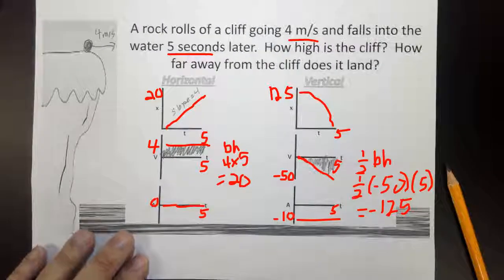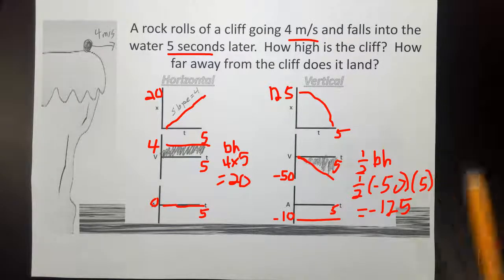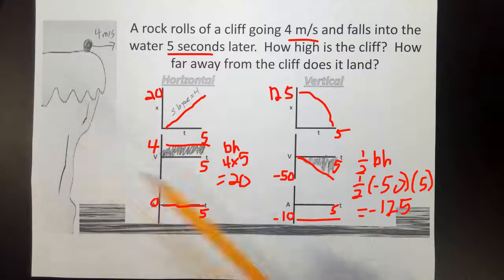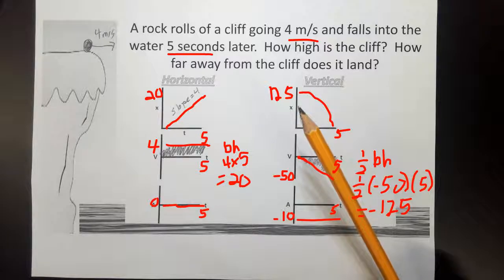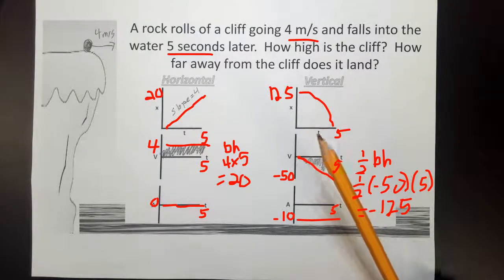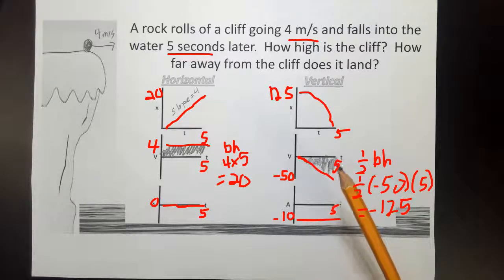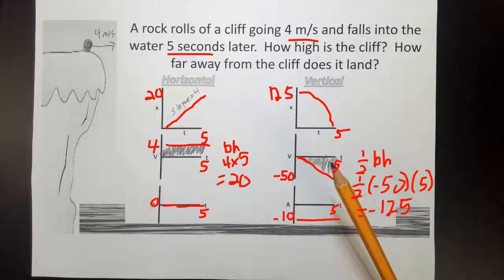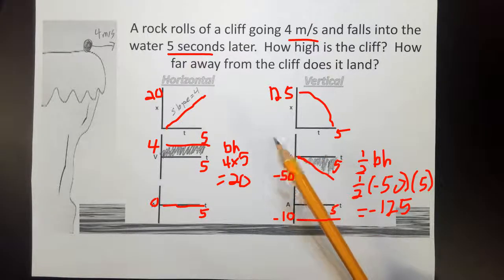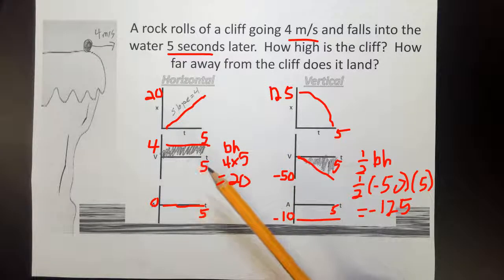Okay, now let's talk a little bit, before I end the video, about what would happen if this cliff was shorter, right? If this cliff was shorter, then this graph would start down here, but it would not be in the air as long, right? So the time would not be 5 seconds. It would be less. And you can imagine if the time was less than 5 seconds, let's say it was 2, then over here on the horizontal graph, they all have the same time, so this time would be 2 seconds as well.